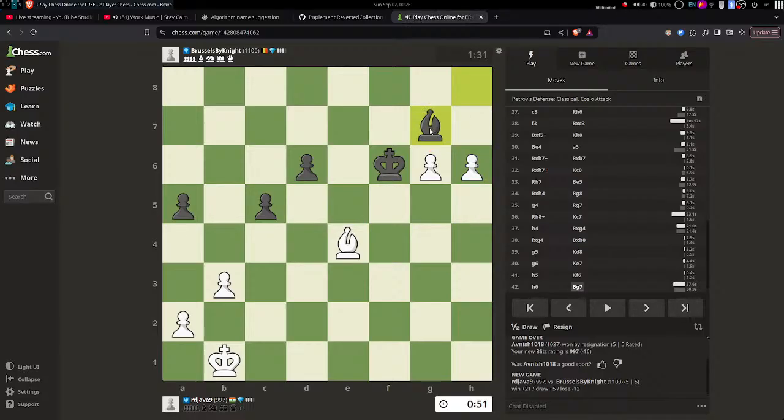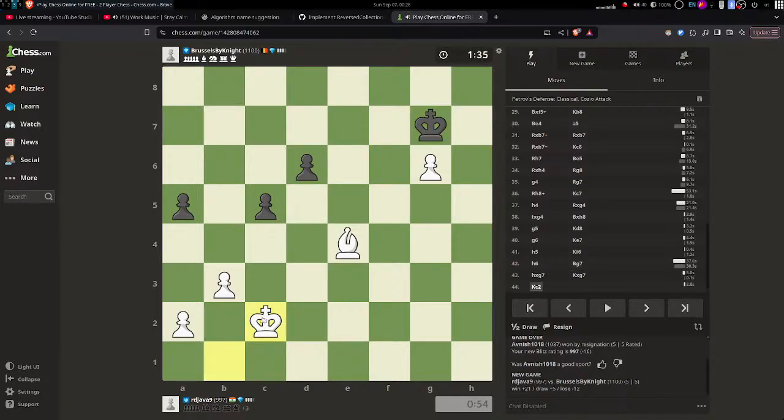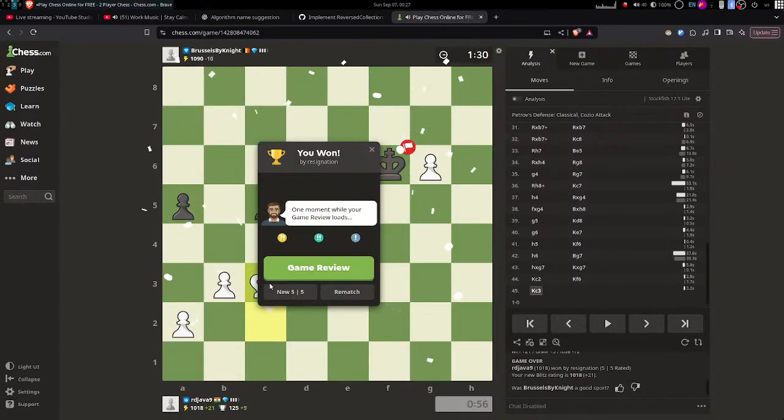Hmm. Yeah, and now he cannot go that way, because if he goes that way, I will take these pawns, and yeah, he resigns. Push, push, win thing, right?